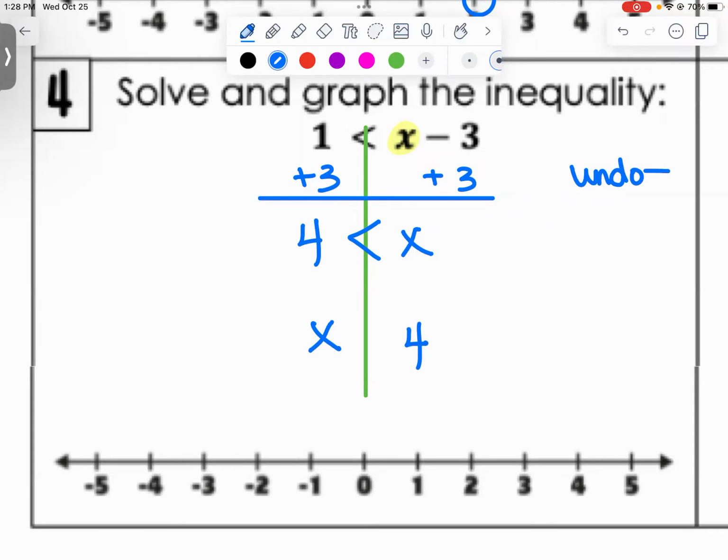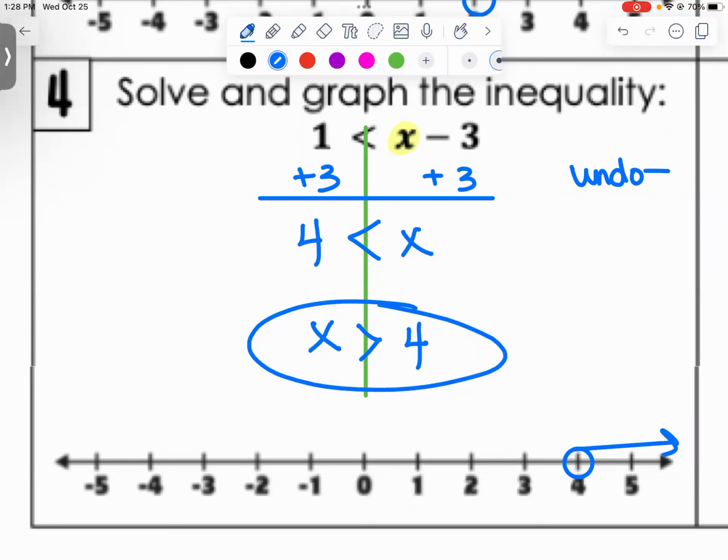And if you are mirroring this, what's going to happen to your sign? It also gets mirrored. Okay. So X is greater than 4. So we have an open circle. And since X is greater than 4, we're actually going to the right. Correct. Yep, and that's something we talked about on Monday.